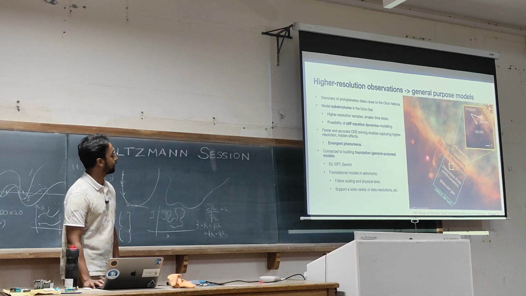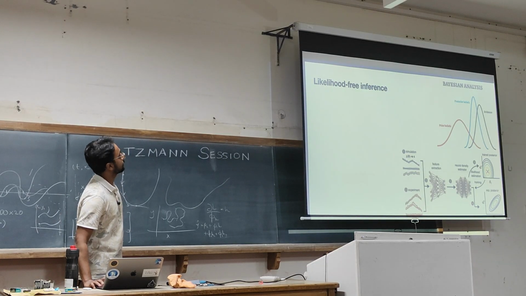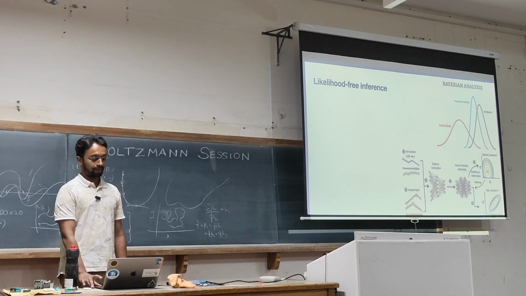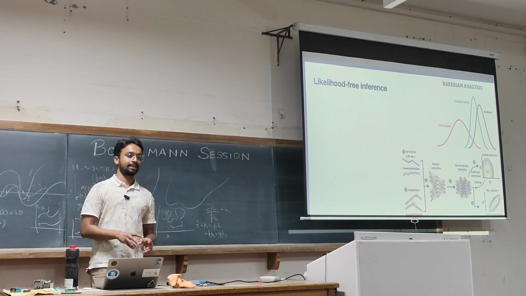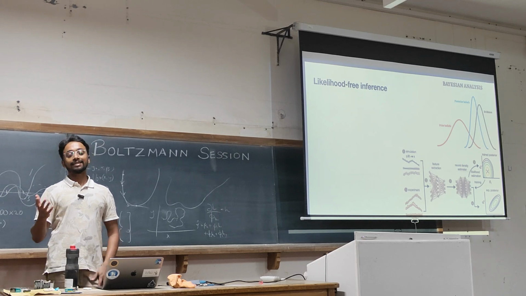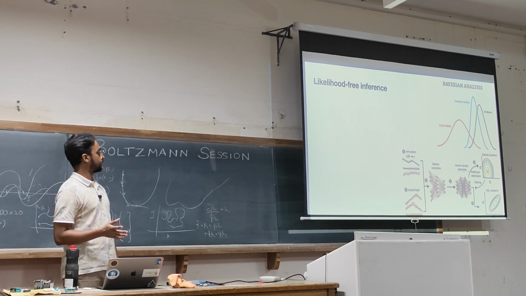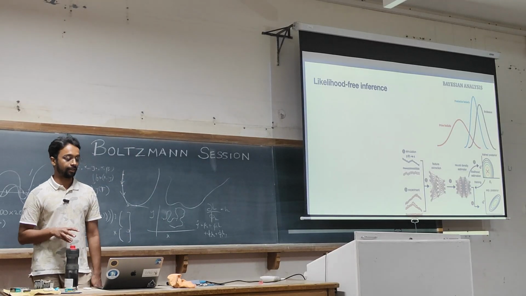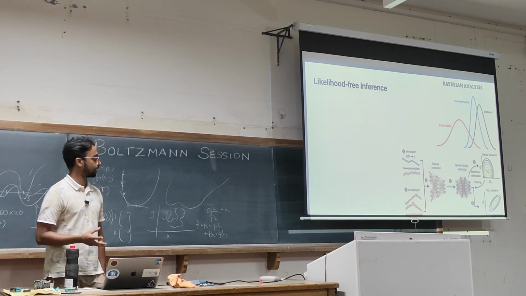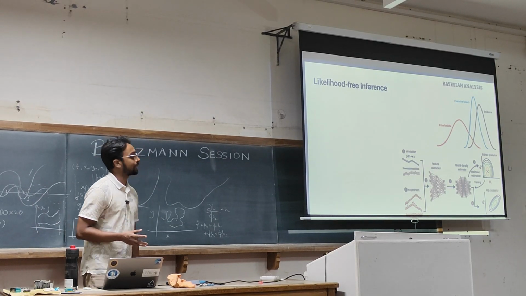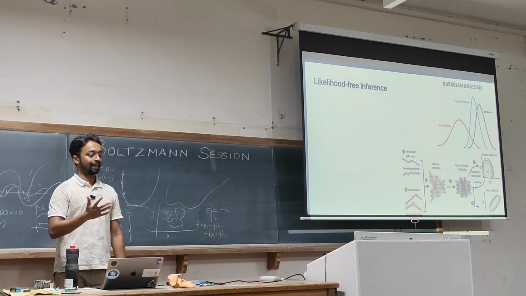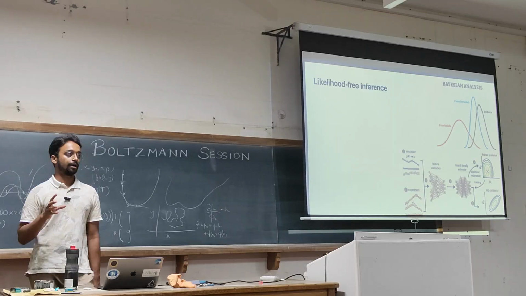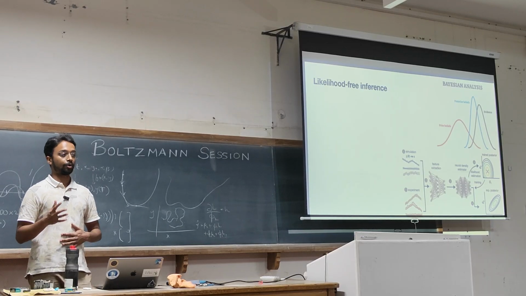I think the final thing I want to show is an application called likelihood free inference. Normally, if you have a data set and you want to, let's say, predict cosmological parameters from all the data sets, you have prior knowledge of all the information that you've collected, and based on that prior model you build something called a likelihood, which relates the data that you have to your understanding of the models that you have.